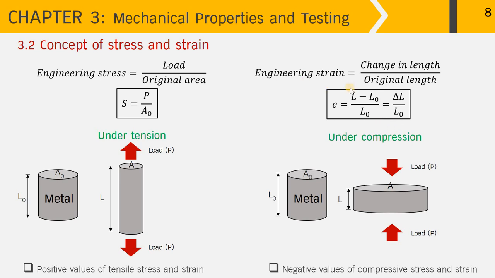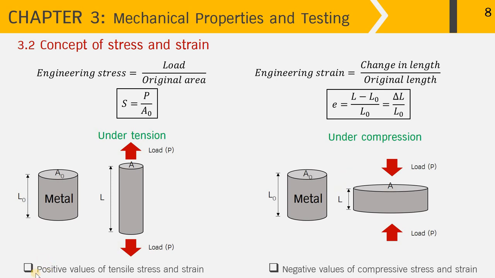And again, this concept can be applied for both under tension and under compression. But remember, the strain under tension is positive because the dimension has been extended. We have increasing amount of length. But for compressive, the length is reduced. That's why engineering strain is negative under compression.